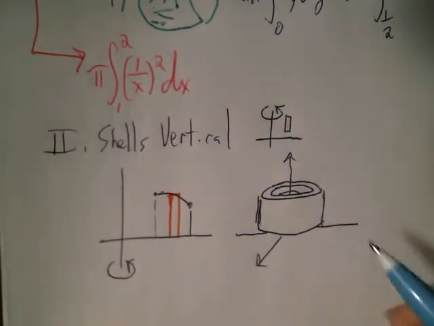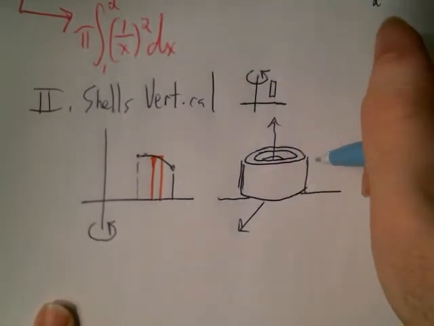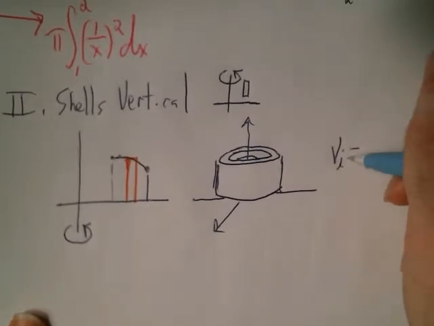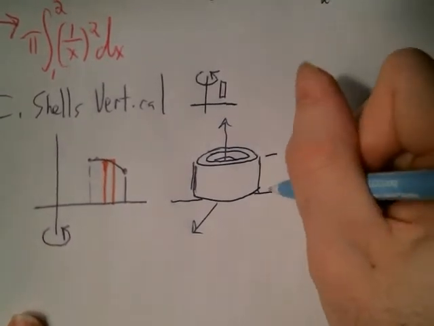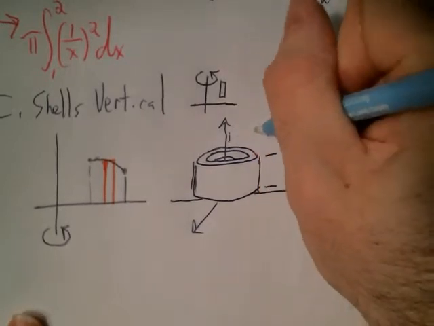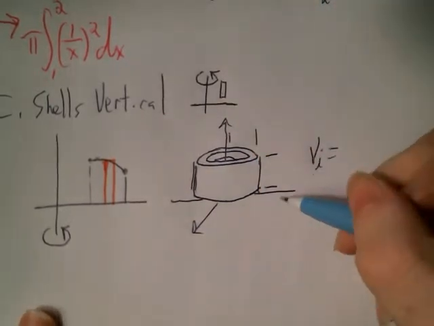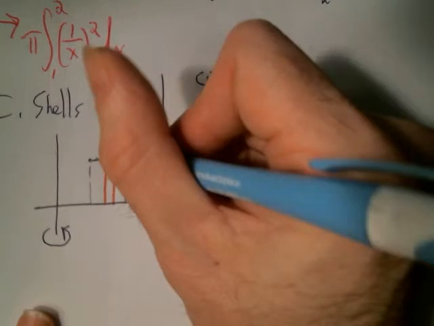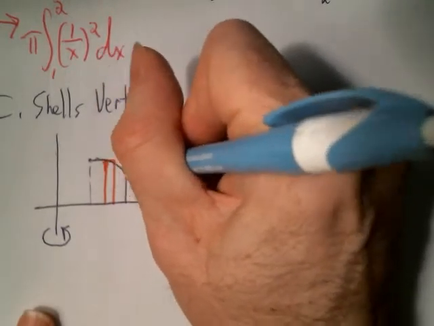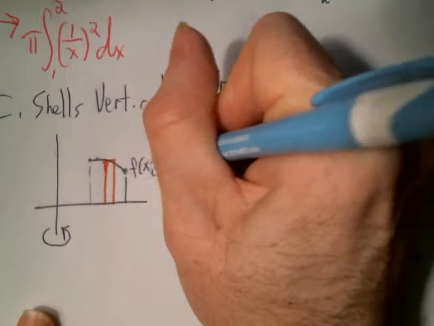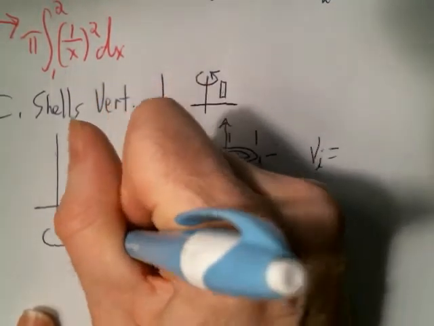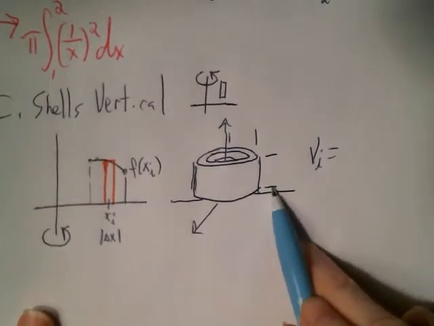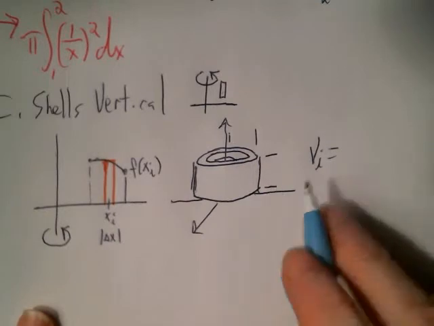Right, I need the volume of that figure, so I come over here and get the formula for this guy. I need this dimension, I need this dimension, right? So this dimension right here is just the height of this rectangle. So if this is some function, we'll say f of x sub i, and this thing is located at x sub i, its width is change in x, then this dimension right here would be f of x sub i.